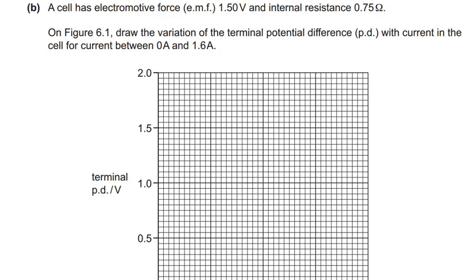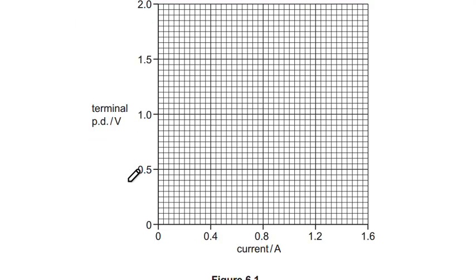Okay, to draw this relation between terminal potential difference and current, we need to remember that this relation is V = VB minus IR.